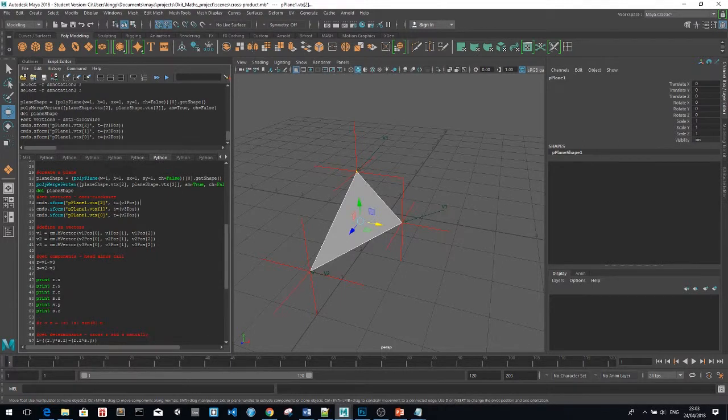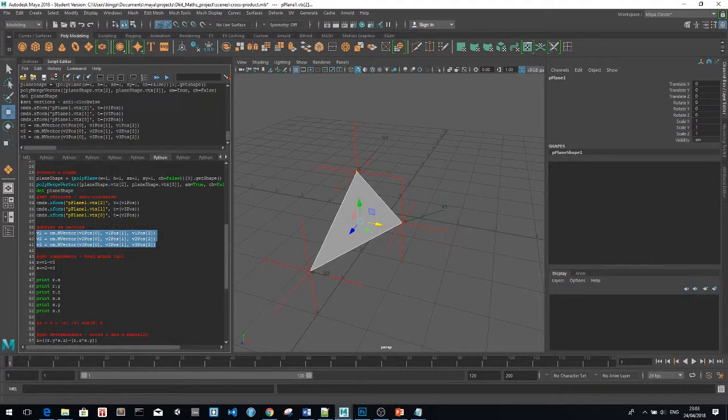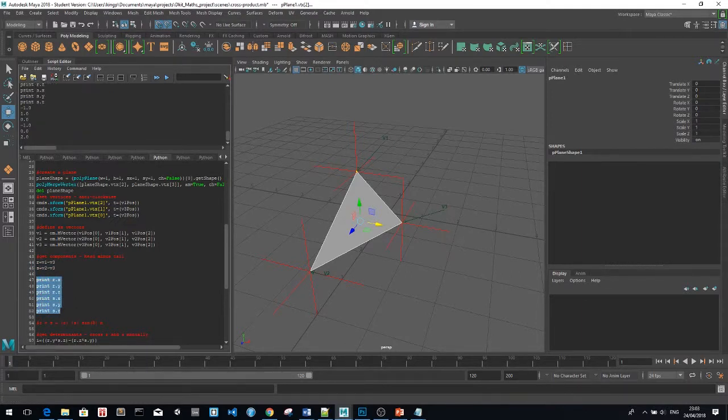And we can use this MVector class to wrap our vector points into a vector object. So we're using this class and using these operators here, that's an easy way to get the components. And we can print, we can see our components.